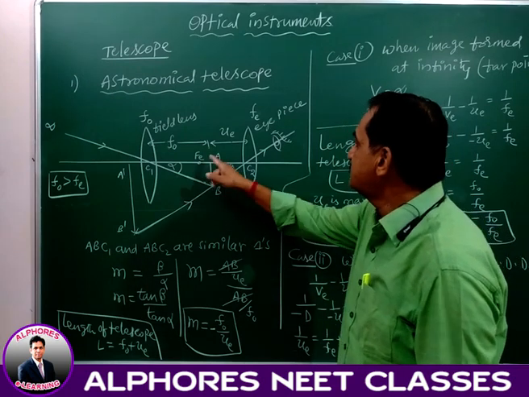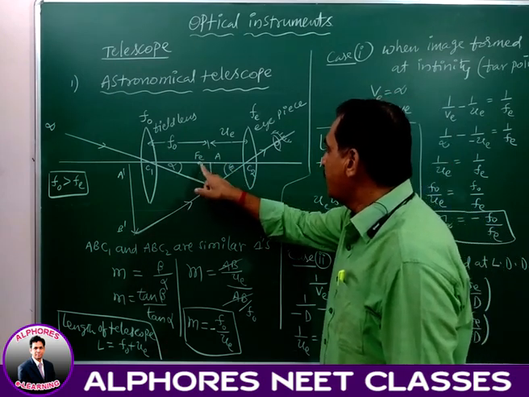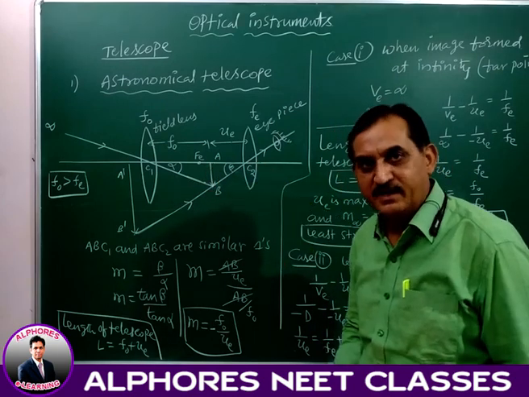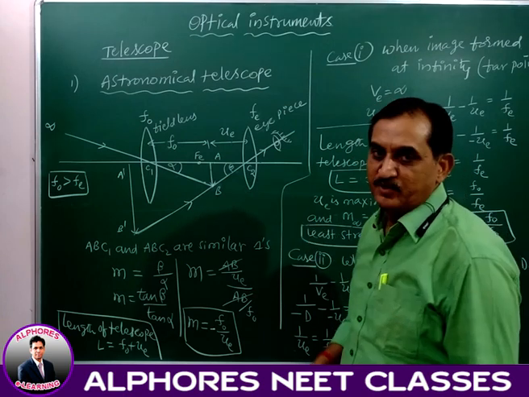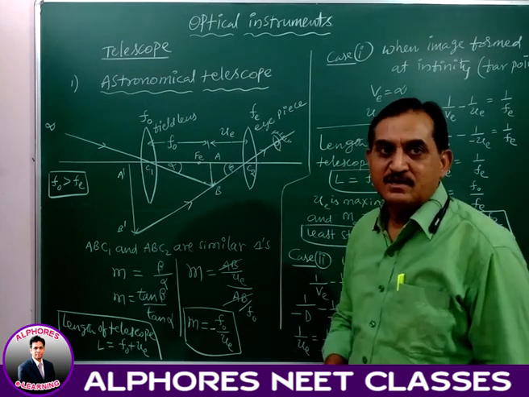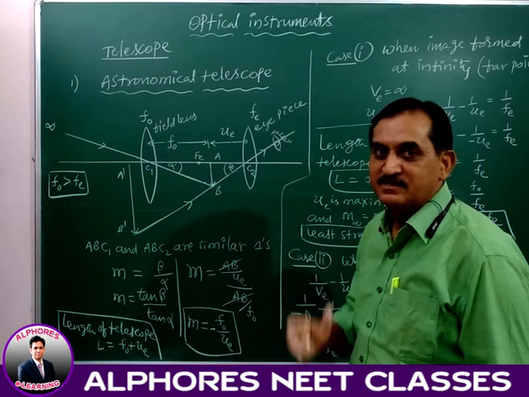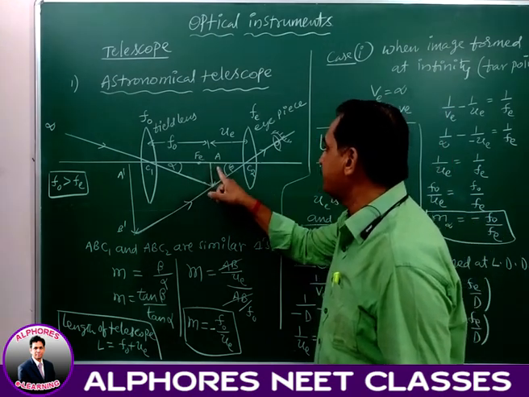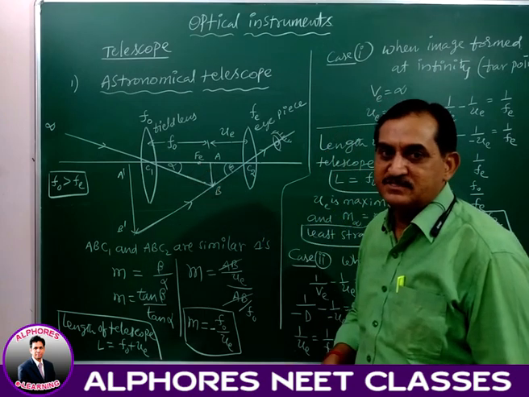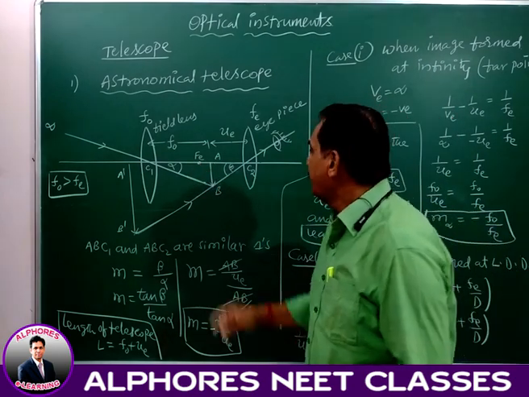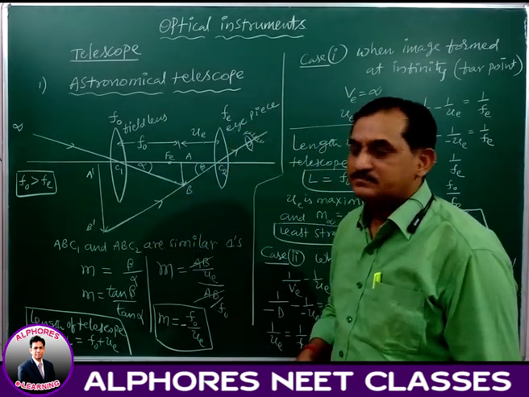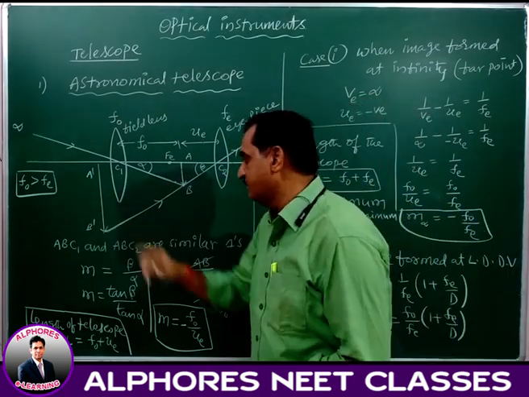Now this image is formed within the focus point of the eyepiece. Again, its principle is that it acts as a simple microscope. Like we can take this eyepiece, here the image is formed within the focus point of this eyepiece, and here its corresponding virtual image is formed. Virtual image is formed. Right?